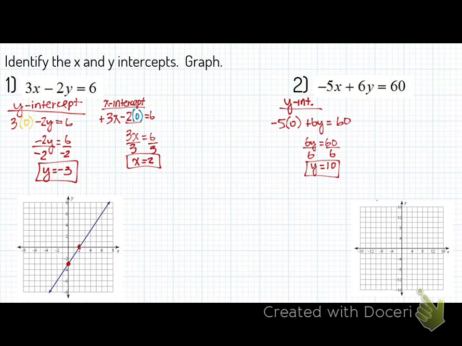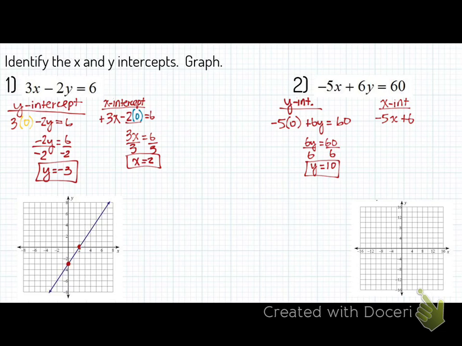Okay, that's your y-intercept. Your x-intercept is going to be when we set y equal to 0. So we got negative 5x plus 6y is equal to 60. Instead of y this time, I should have put in 0, so I'll go back a moment and switch that out.